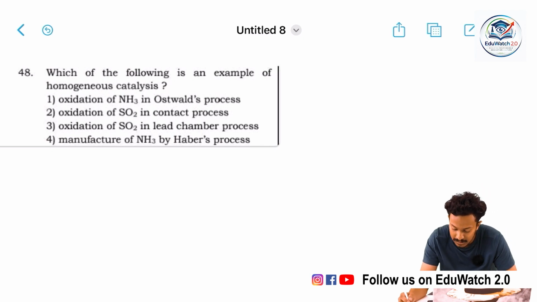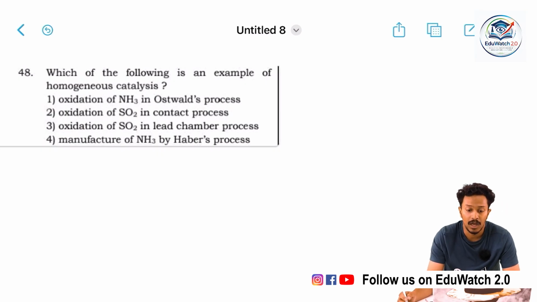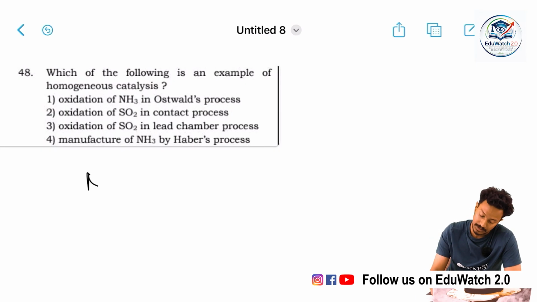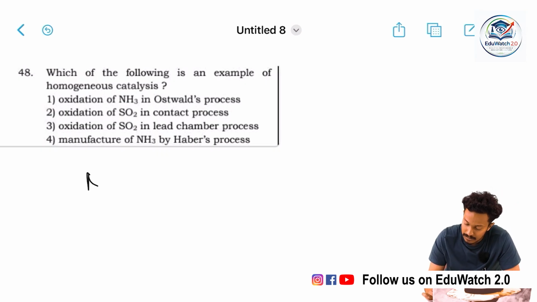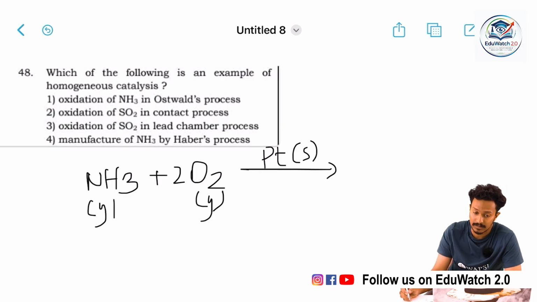The first one is the oxidation of ammonia in the Ostwald process, the manufacture of nitric acid. Here ammonia is treated with oxygen in the presence of platinum, a solid catalyst. Ammonia and oxygen are gaseous, so this is heterogeneous catalysis.